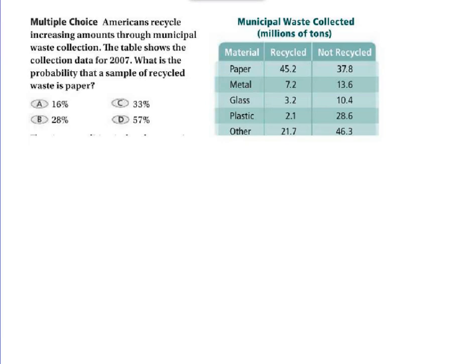So how do I do this? Americans recycle increasing amounts through municipal waste collection. The table shows the collection data for 2007. What is the probability that a sample of recycled waste is paper? What do we do? Why am I circling recycled?